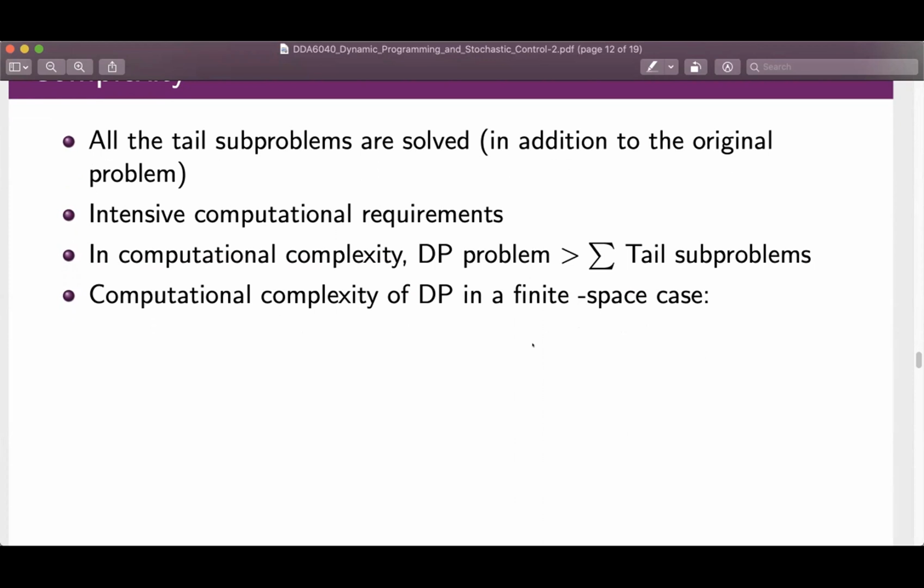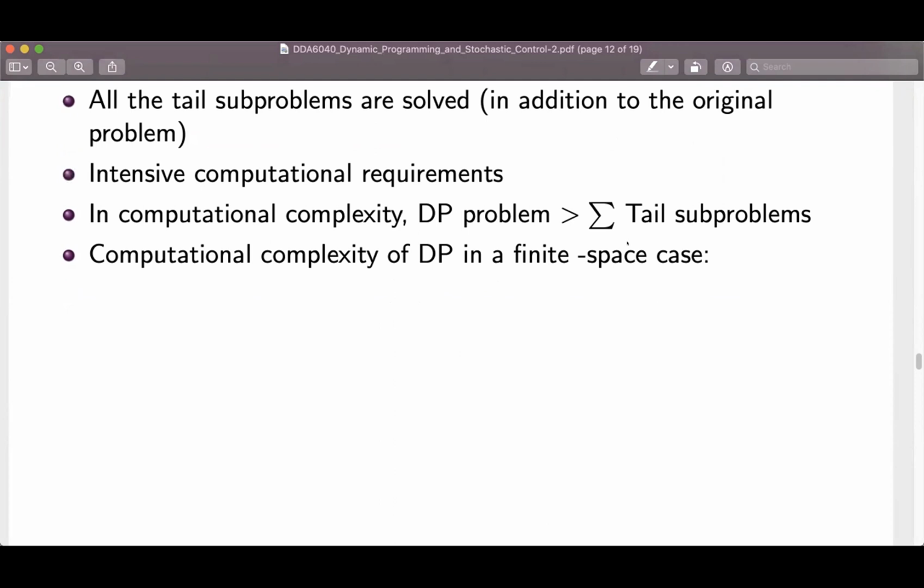This is a base to the power of the time periods times the cardinality of the state space. So it grows very fast. It will encounter the curse of dimensionality.